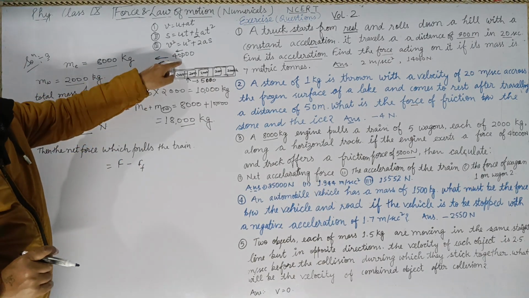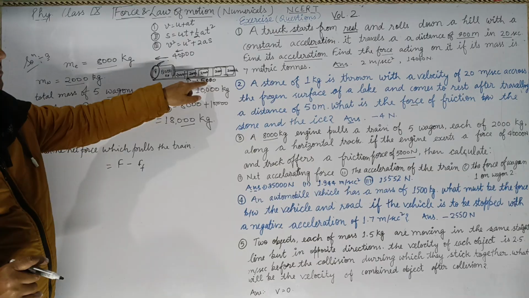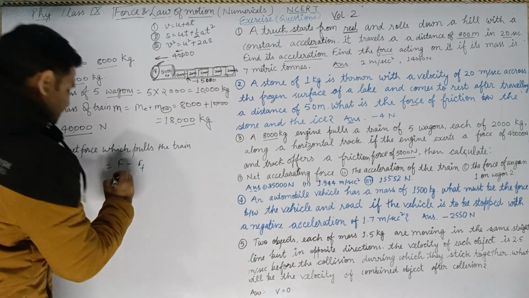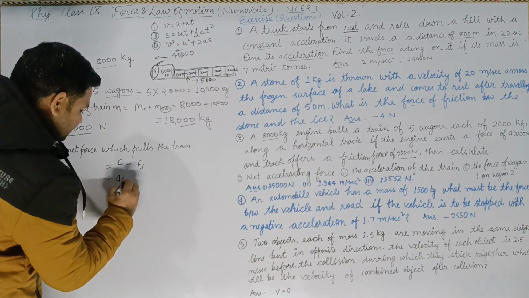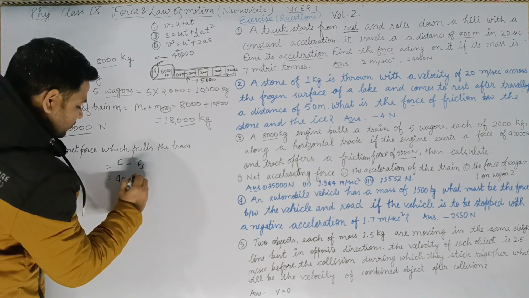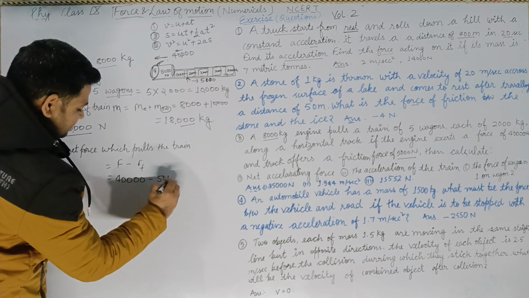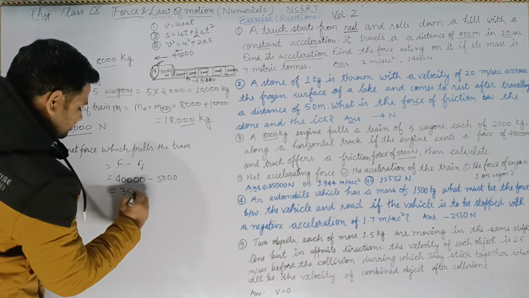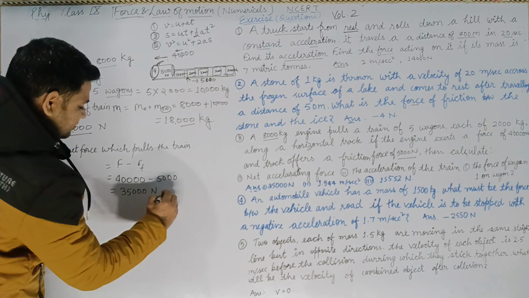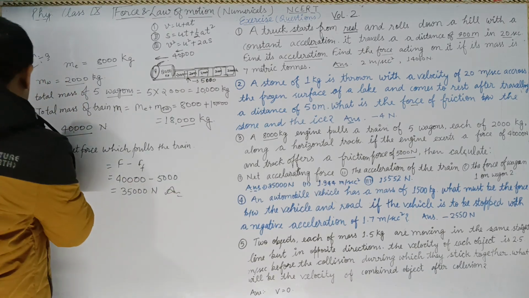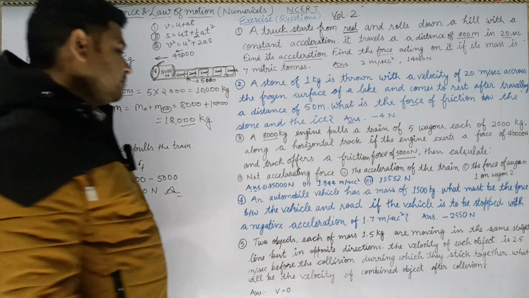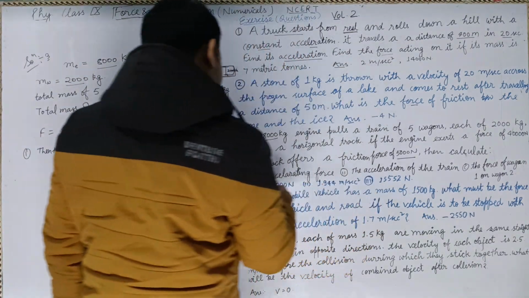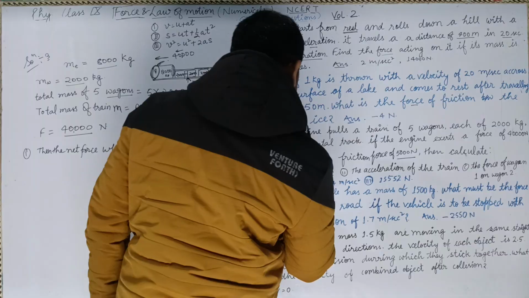We subtract the friction force from 40,000, so it will be 35,000 Newton. Calculate the net accelerating force.